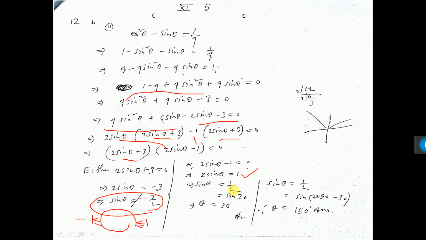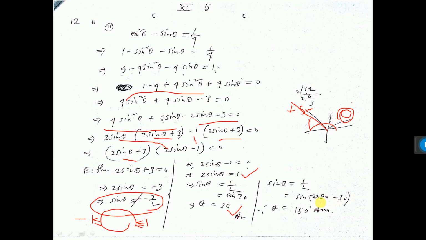But here you see you are getting half. Half means sin 30 degree. Theta 30 degree you got in the first quadrant. All positive, so sin also positive. First quadrant we got. So how to go to the second quadrant? Sin of 2 into 90 minus theta. If you do 2 into 90 minus theta, then only it will come to the second quadrant.